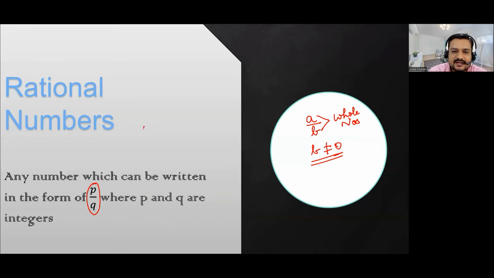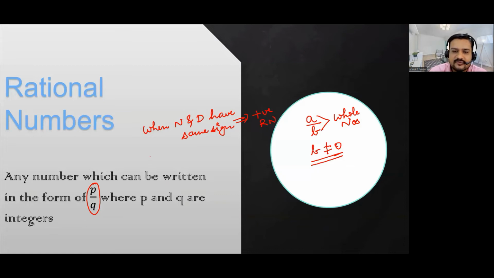So when numerator and denominator have the same sign, then the rational number is a positive rational number.